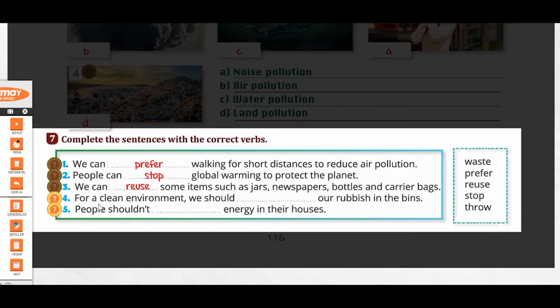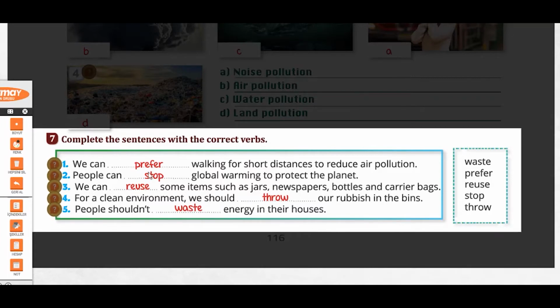4. We have throw and waste. For a clean environment, we should our rubbish in the bins. Of course, it's throw. And the last one, people shouldn't waste energy in their houses.